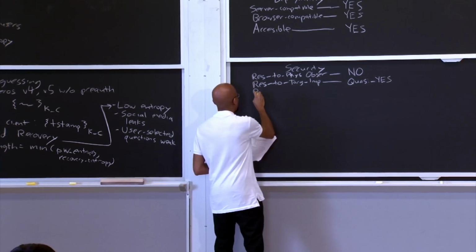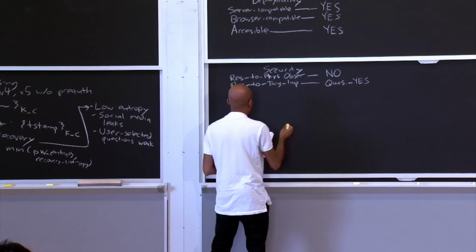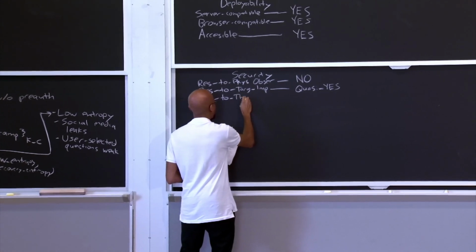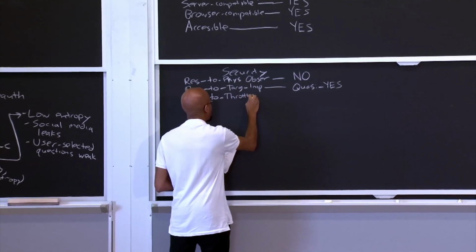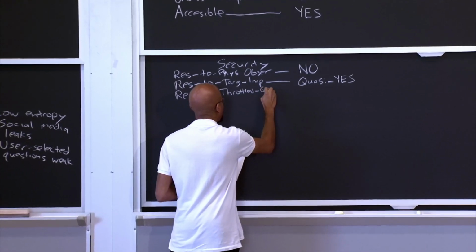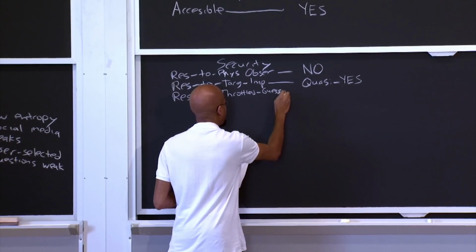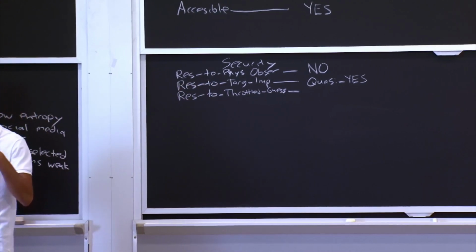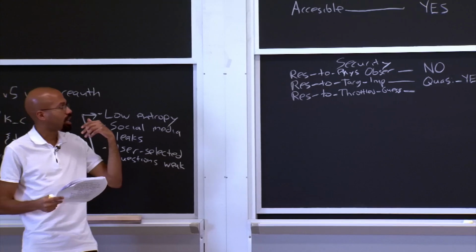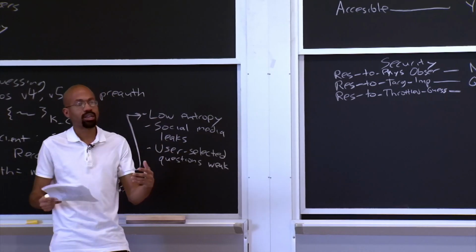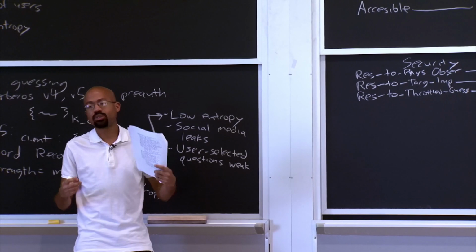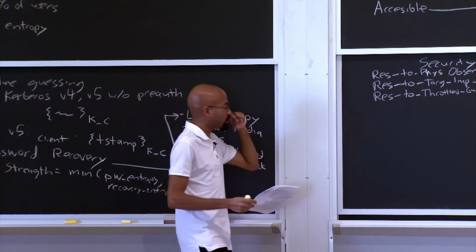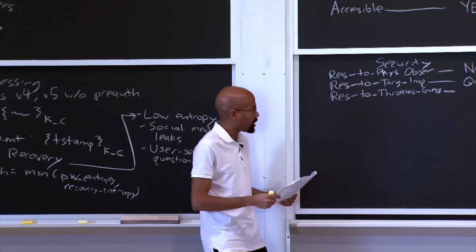All right, so then we have two categories that involve guessing. So the first one is resilient to throttled guessing. And so what this means is if the attacker cannot issue guesses at line rate, because, for example, the server uses anti-hammering mechanisms, is the scheme safe against the attacker, right?